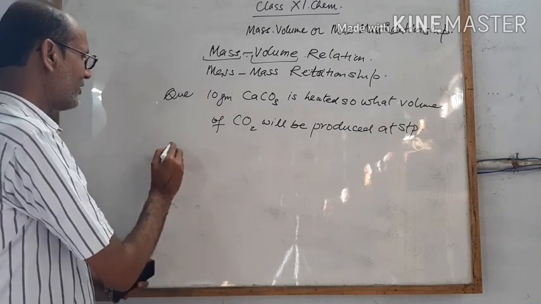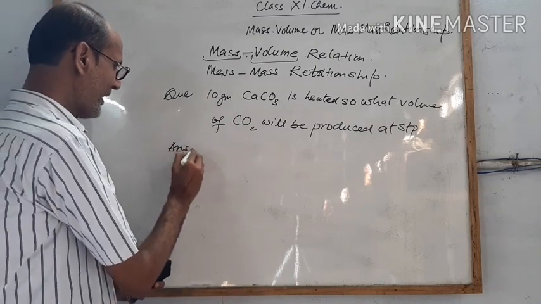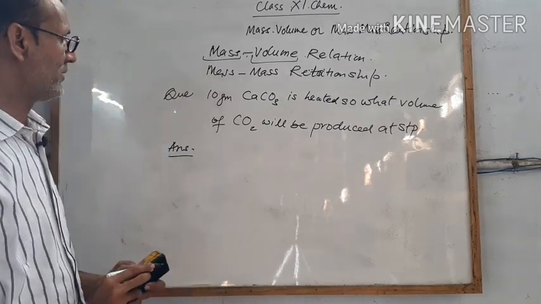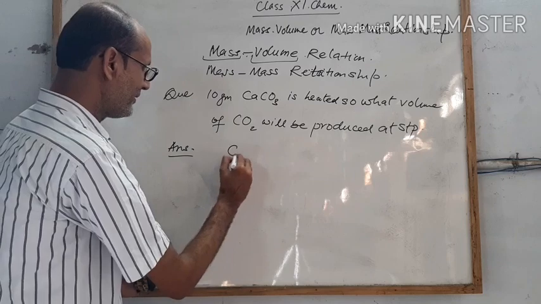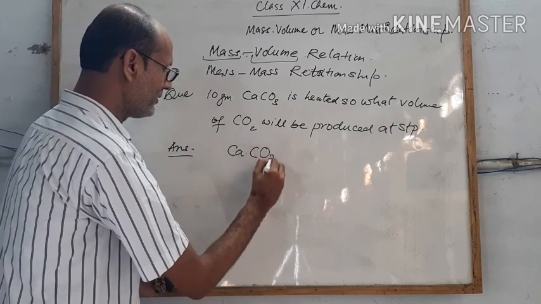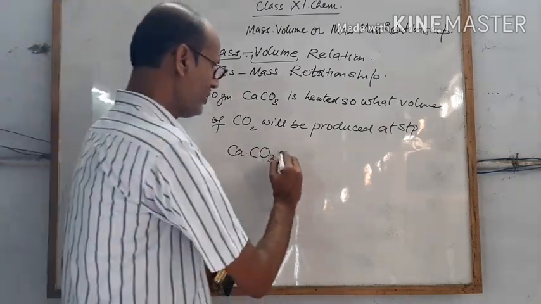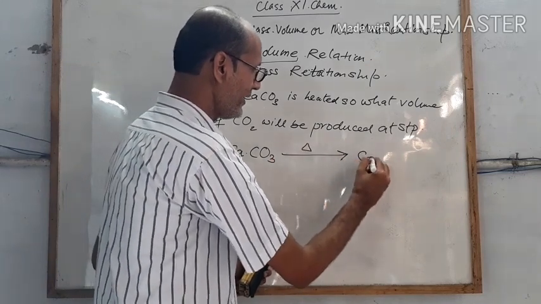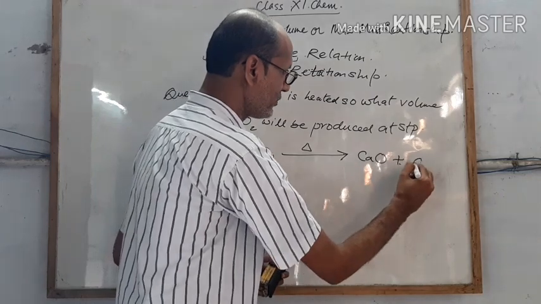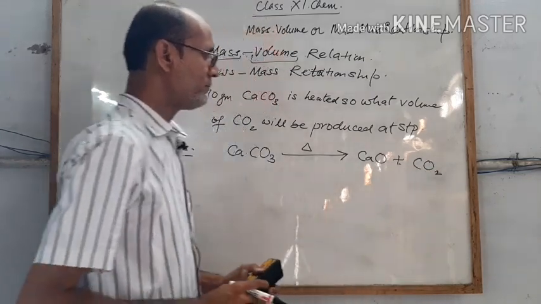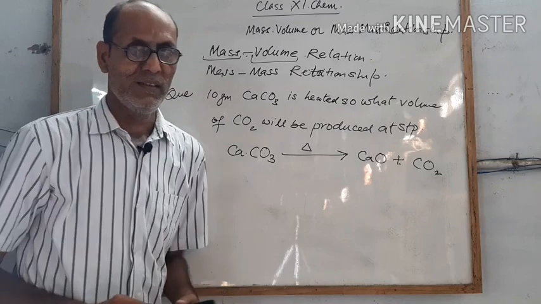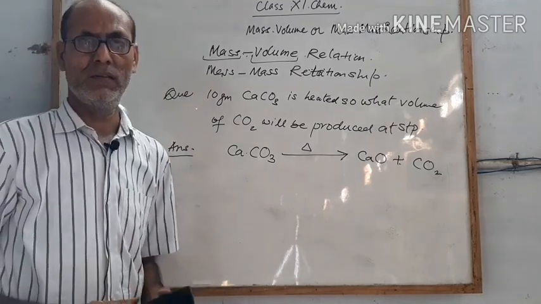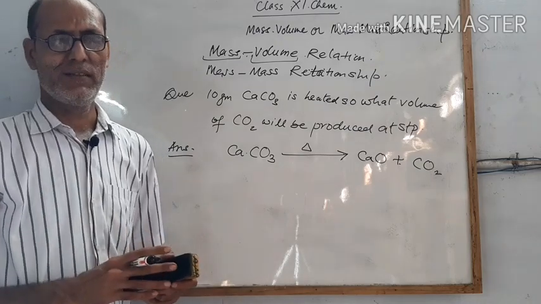First of all, you have to write the proper balanced equation for that. The heating of calcium carbonate, so the reaction will be CaCO3 gives, on heating, CaO plus CO2. Gay-Lussac's law is only applicable for gases.